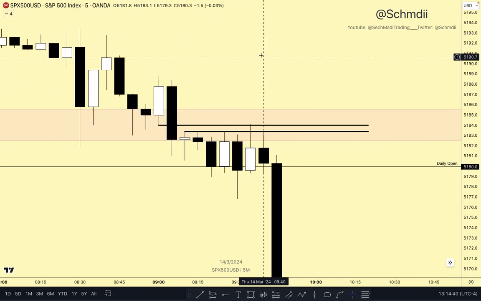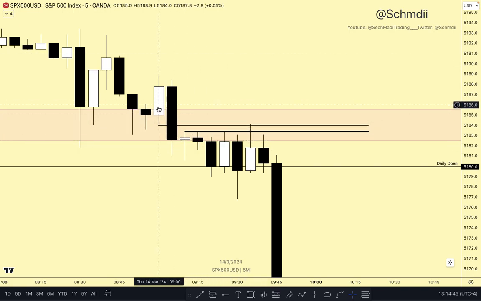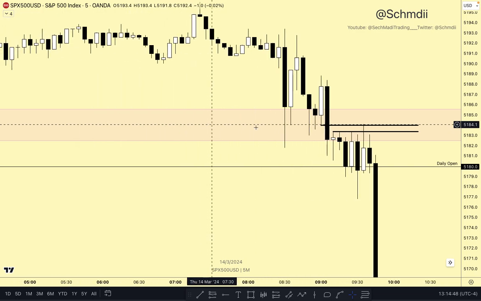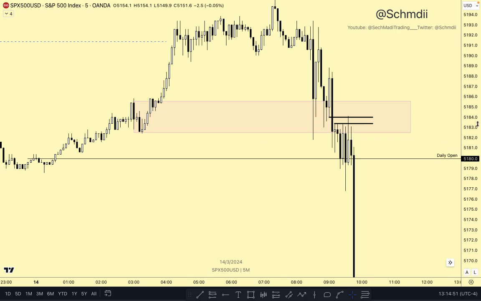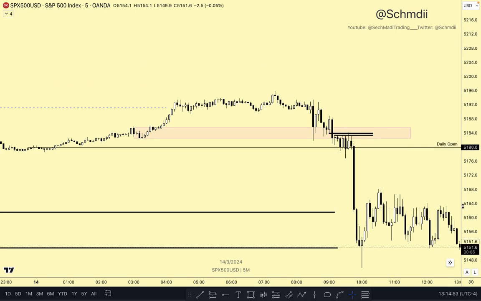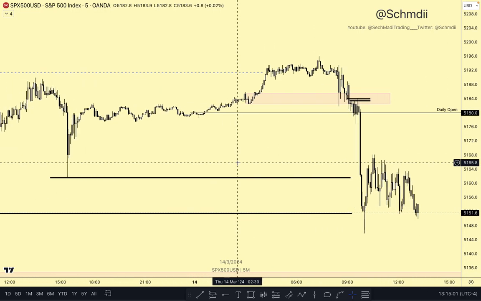Obviously the most flawless one would be this, at 9:35, traded up to that order block as well on the 5-minute. But it overlapped nicely with this M15 one, so very high probability. Nice high probability trade setup. Beautifully done.